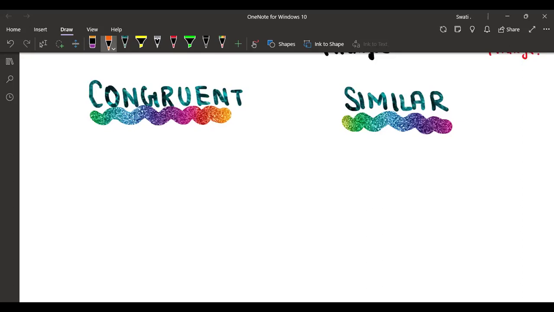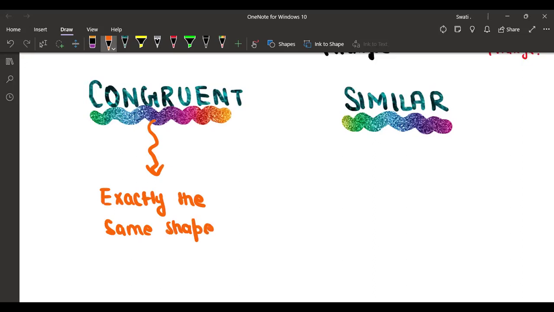But in general, what we can say, the congruent meaning exactly the same shape and same size. That means it's like a copy, right? It's like not mirror image, but exactly the same thing. That is the meaning of congruent.